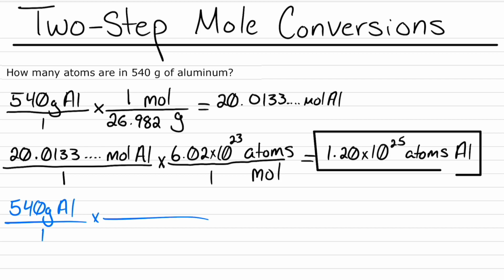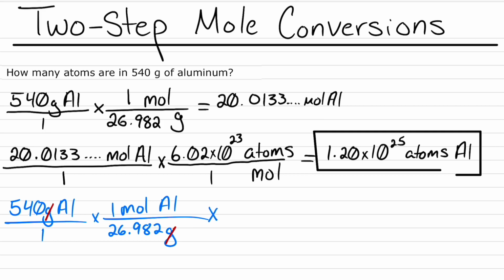multiply that by 1 mole of aluminum, which has a mass of 26.982 grams. Grams cancel.